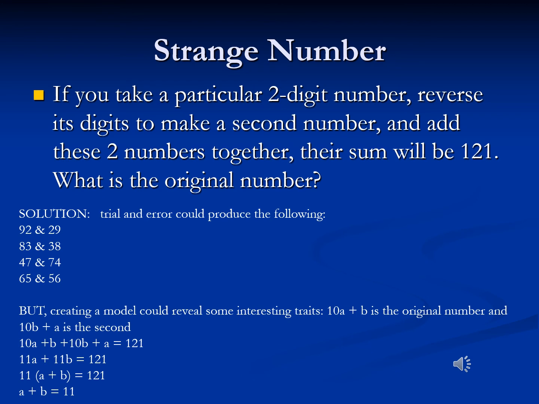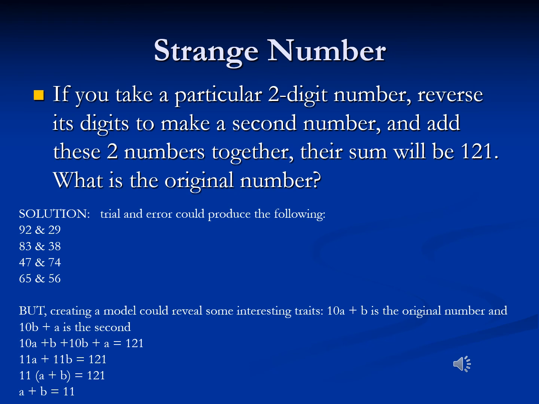So here are some possibilities: 92 and 29. Because when you add 92 and 29, you get 121. But you're going to have other students find that, hey, wait, no, I got 83 and 38. Yes, that works. Or someone else might say, I got 74 and 47. And finally, another might say, well, how about 65 and 56? Yes, there are many solutions to this. How do you know that you have all of them?